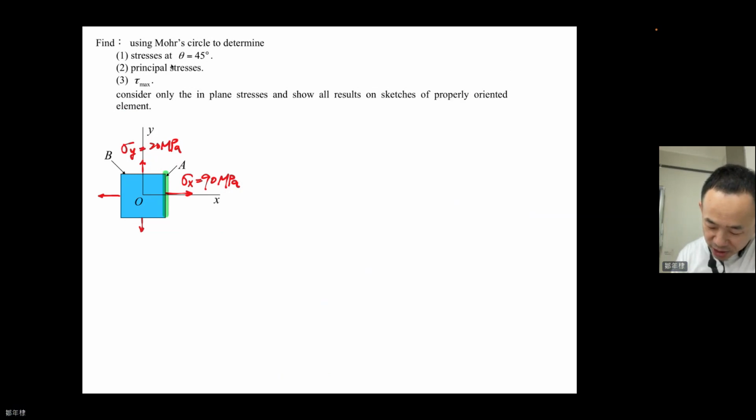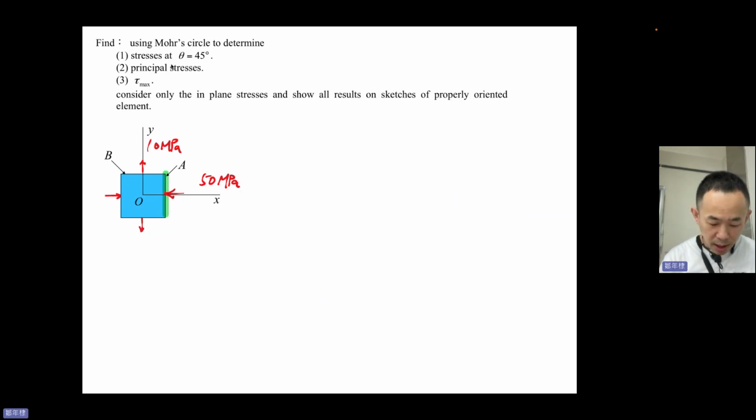Right. So this is not 90. So this is 50. And it is compression. Sorry, compression. And this is positive. And this is 10.